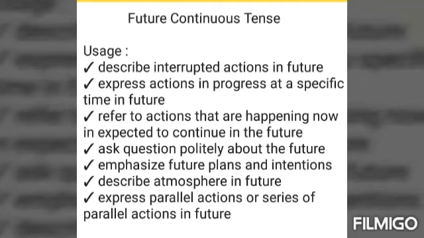It also asks questions politely about the future, emphasizes future plans and intentions, describes atmosphere in future, and lastly we have expressing parallel action or series of parallel actions in future. These are the uses for your future continuous.